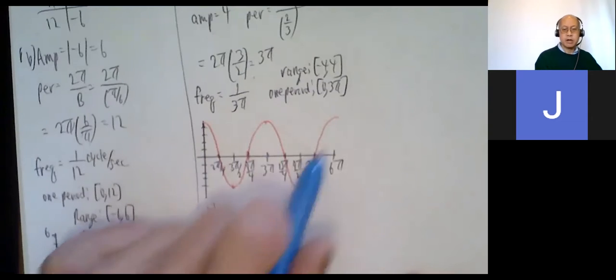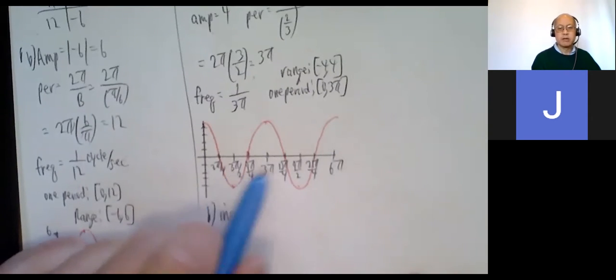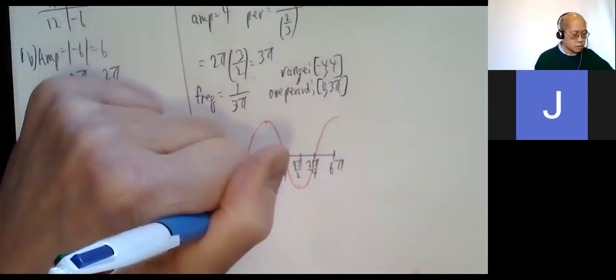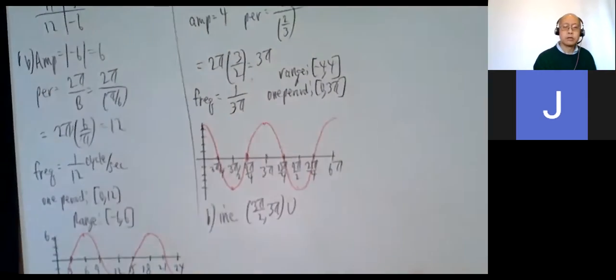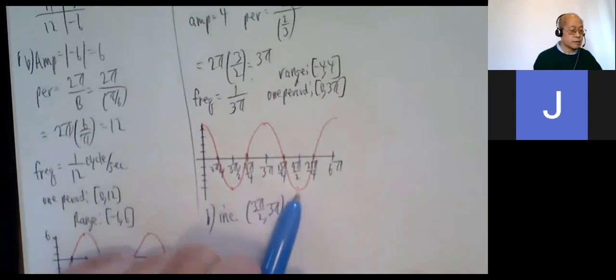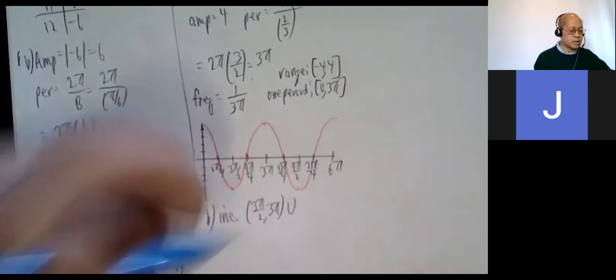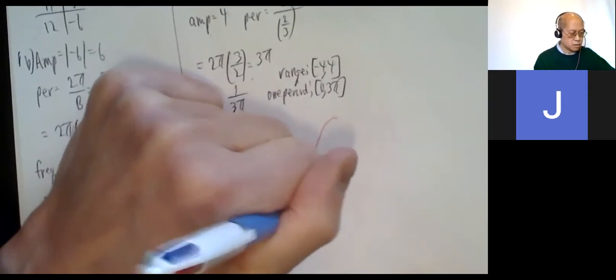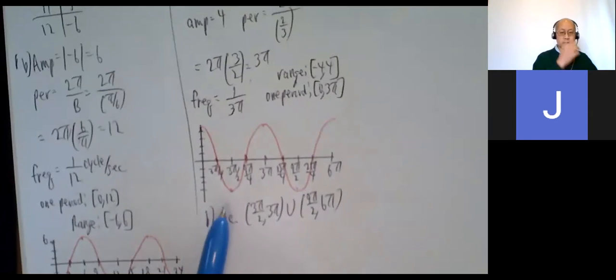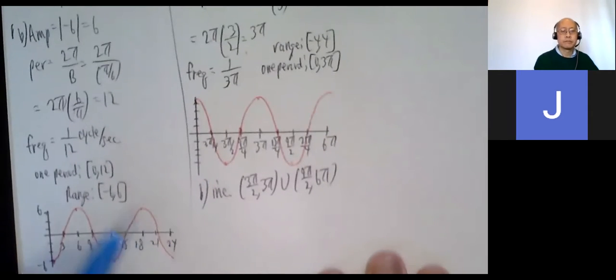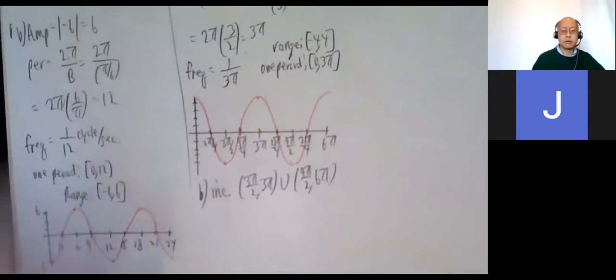Well, from here to here, and from here to here. So where's here to here? 3π/2 to 3π, union 9π/2 to 6π. That's when the graph is going up. So increasing.